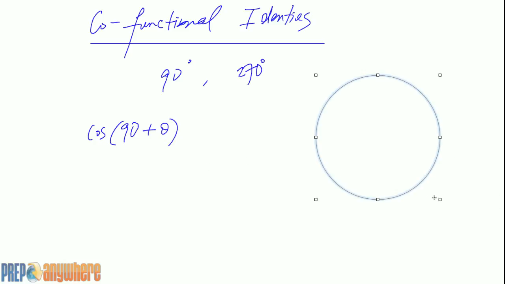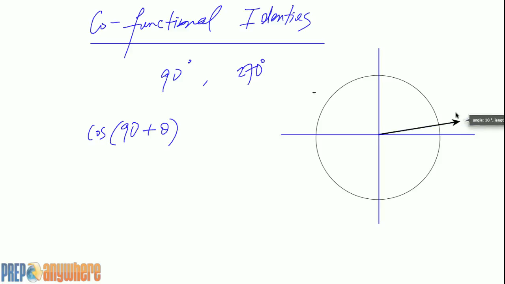Okay, let's draw. We don't know exactly what that is, so let's do a proper picture first and analyze it. 90 plus theta means, look, 90, and the rotation of theta, unlike the 180, the theta is off of the y-axis. This is theta.